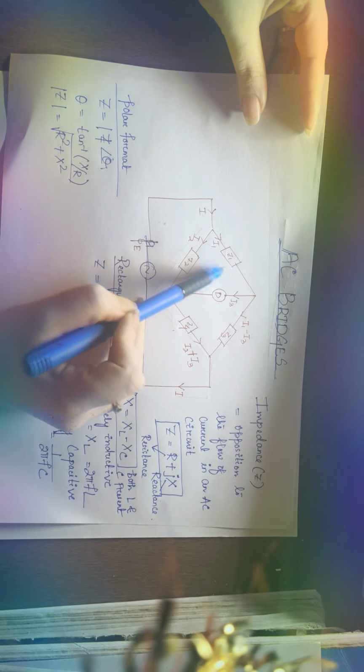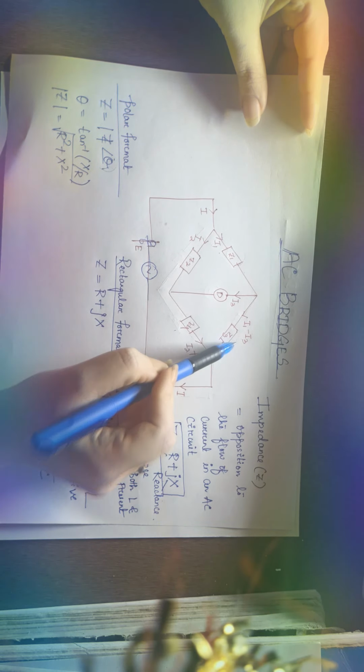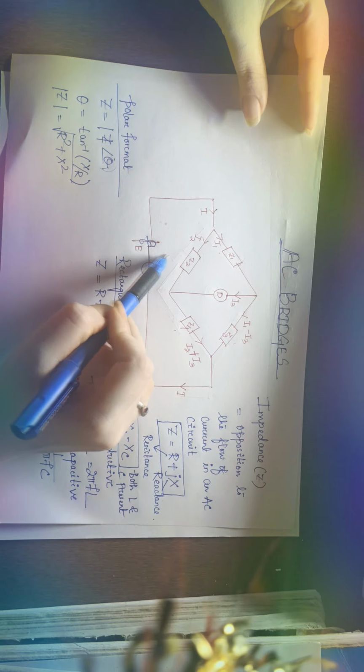Since this is a bridge consisting of four impedances, definitely Z1 will have its polar coordinates, a magnitude and a phase angle. Similarly, Z2 will have a magnitude and a phase angle, and Z3 and Z4 also.